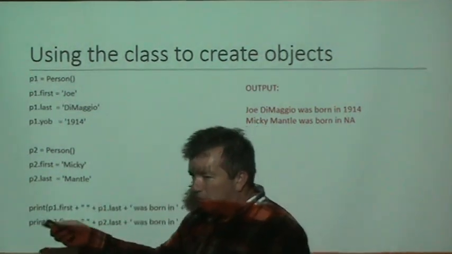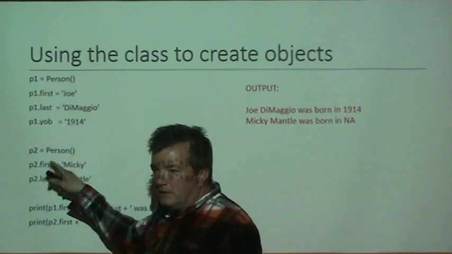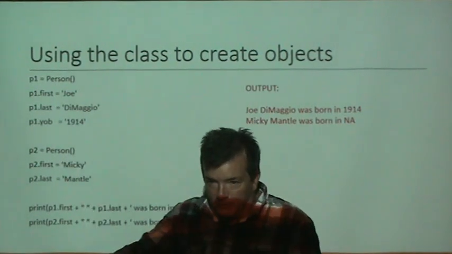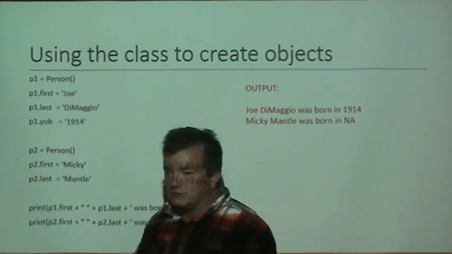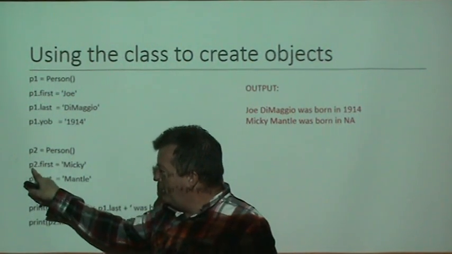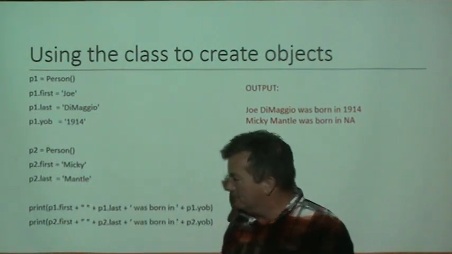I could create a different person. p2 is a person. So I allocate a piece of storage that can contain the information about a person, and I assign the reference p2 to refer to it. And then I could say p2's first field is Mickey, p2's last field is Mantle.